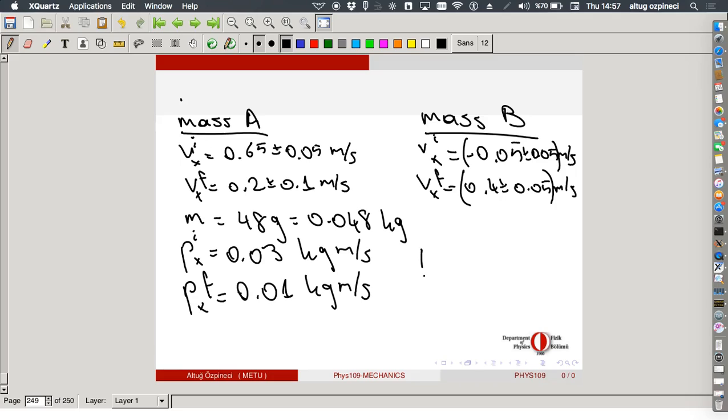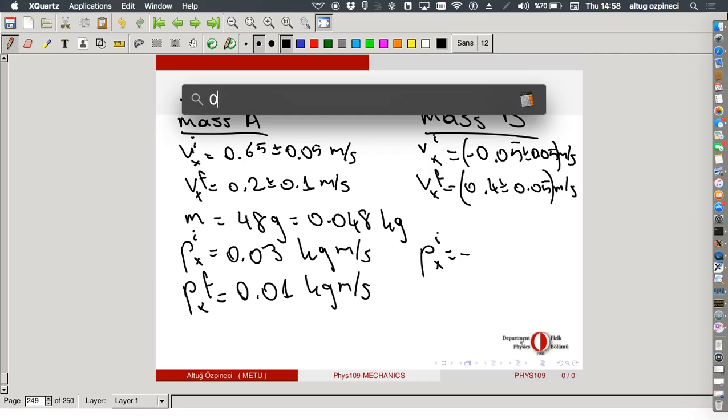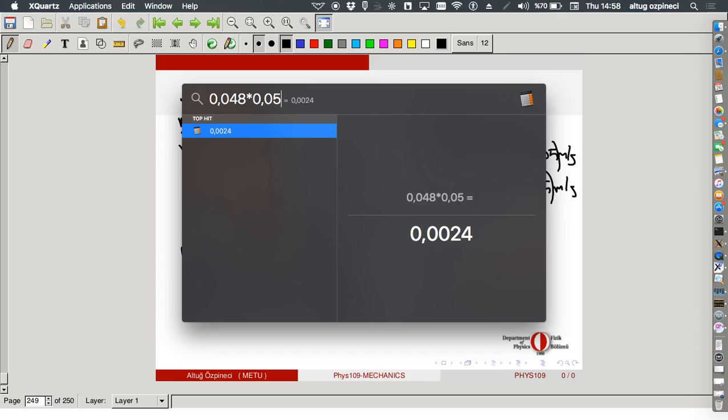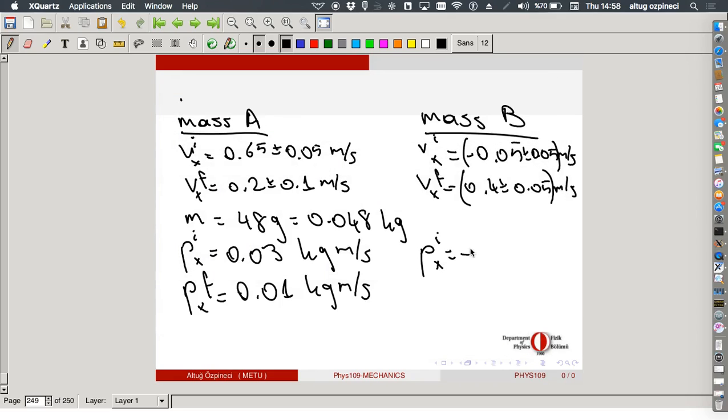The mass is the same. So what is the initial momentum? 0.02 kilogram meters per second. The final x component of the momentum, 0.16 kilogram meters per second.